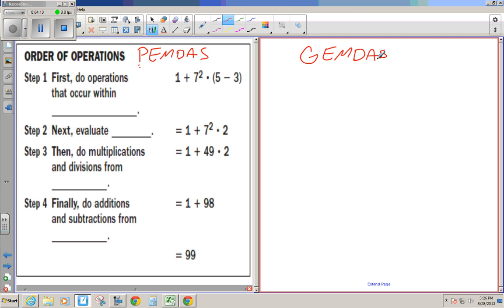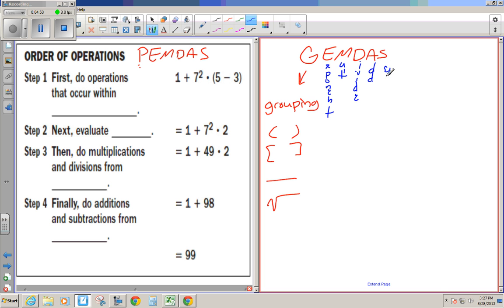GEMDAS. It means grouping symbols. Those are parentheses. Those are brackets. It's a long division symbol, a square root. Those are all grouping symbols. The rest of these make sense. An exponent, multiply, divide, add, subtract.